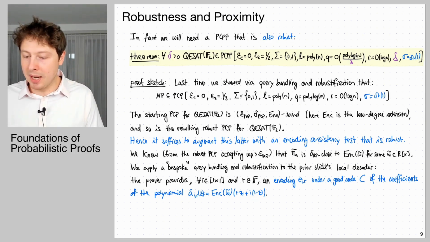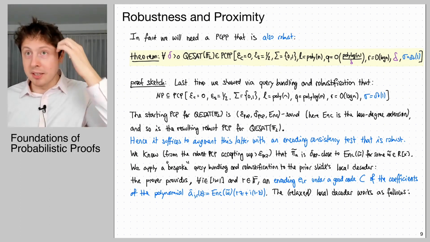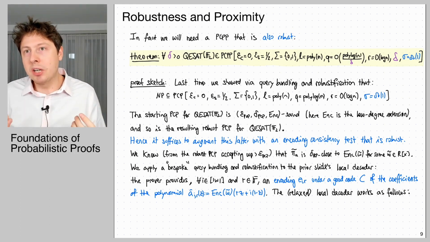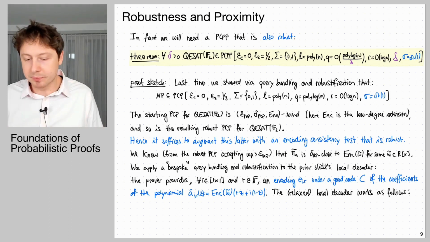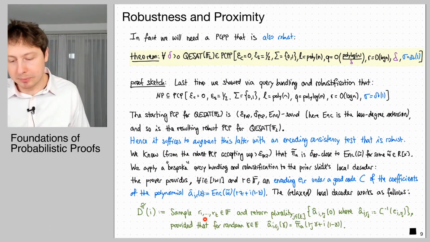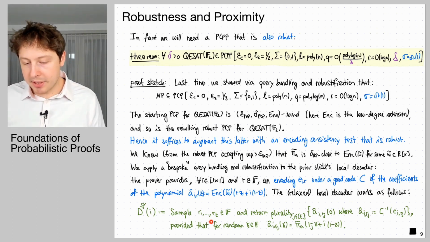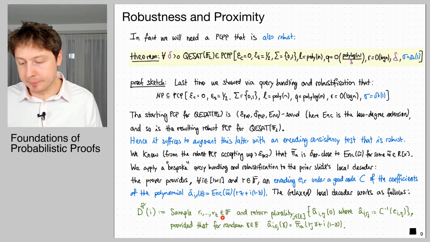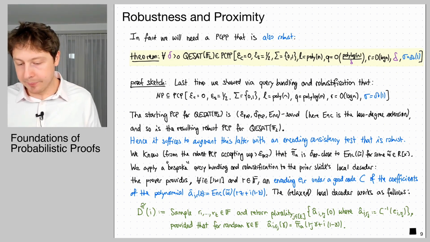Okay? And so now the relaxed local decoder is basically a local decoder with a proximity proof. Because what it's going to do, like before, is sample the randomness that randomizes the question, and then look at the bundle at 0.